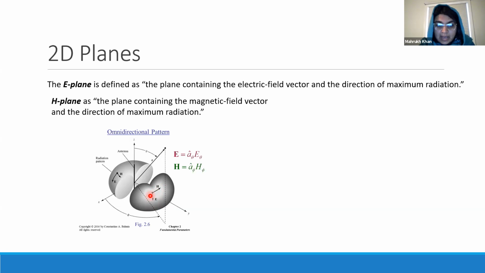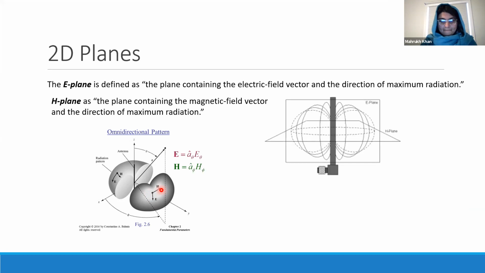Now if you compare it with elevation and azimuth, it also makes sense. I think the H plane should be your azimuth plane, right? So the H plane for this particular dipole case is the azimuth plane because it's the horizontal plane, and the E plane is the vertical plane.